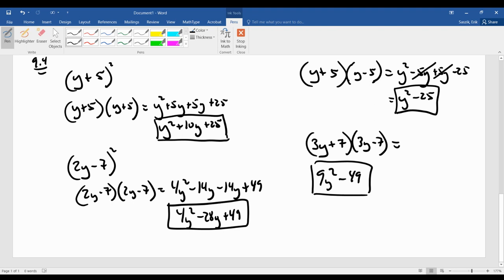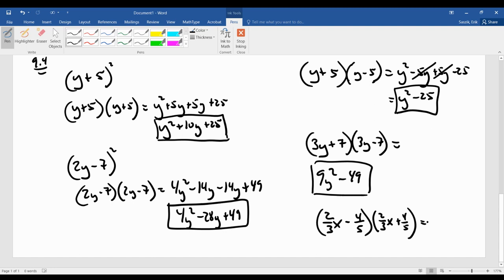Like here, let me show you one with the fractions, which sometimes freaks people out. And this is why that special case is good to remember. So you see how you have the same exact thing twice?